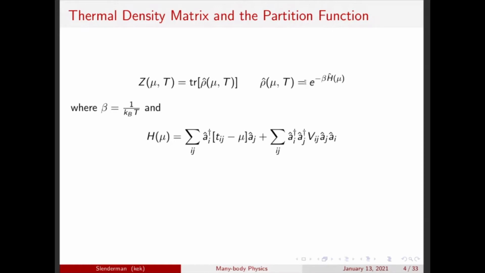It's the exponential, basically, of the Hamiltonian, where beta is equal to 1 over the temperature, essentially. And here, I am absorbing the chemical potential term into my definition of the Hamiltonian.